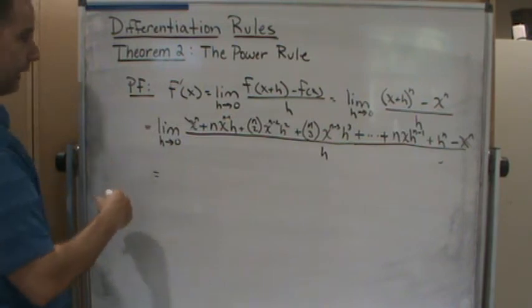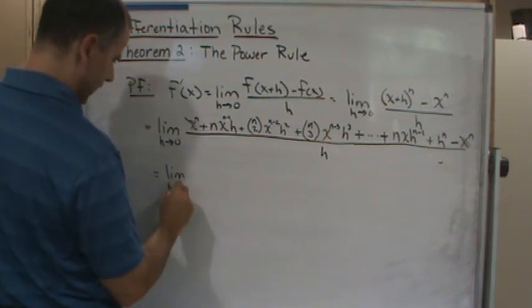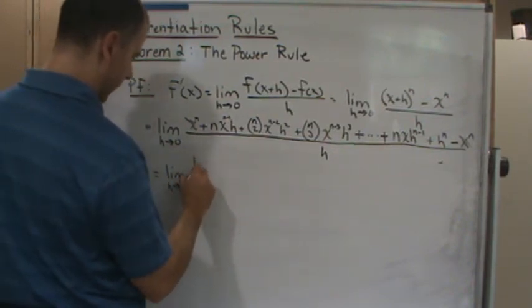and then I'm going to factor out an h. So watch what happens here. So we get the limit as h approaches 0. I'm going to factor out an h.